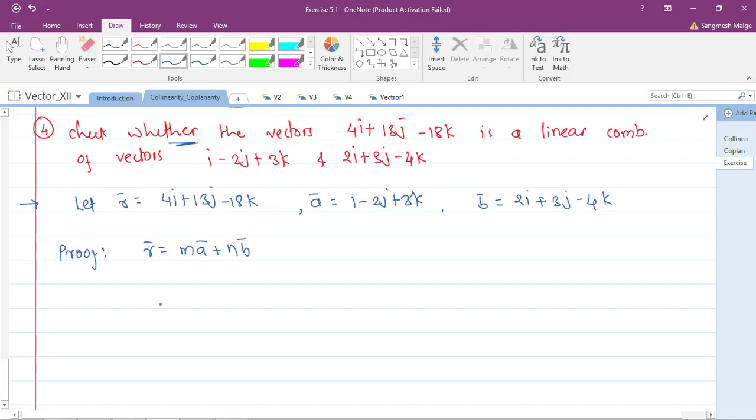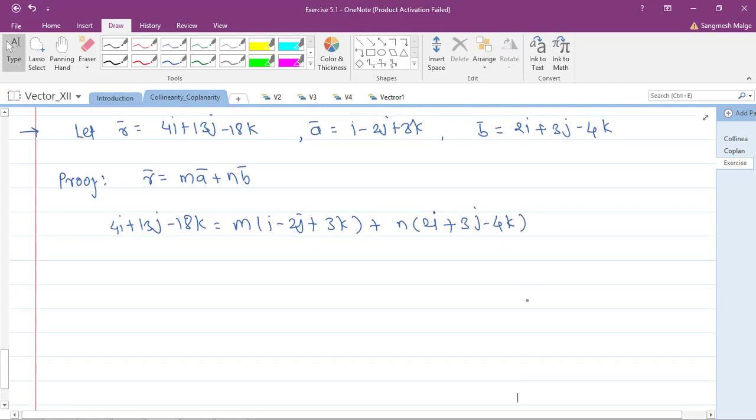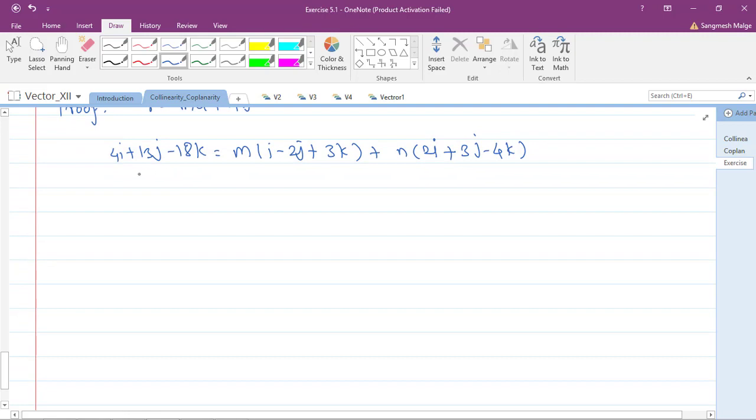So let us have 4i plus 13j minus 18k equals m into i minus 2j plus 3k plus n into 2i plus 3j minus 4k. The vectors are equal, so equate their i, j, k coefficients.